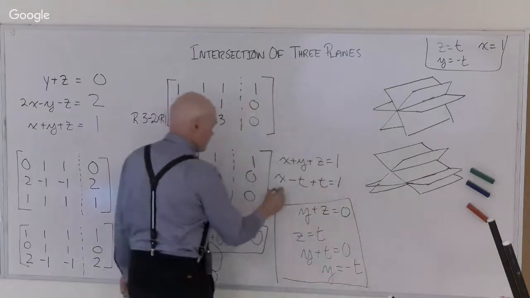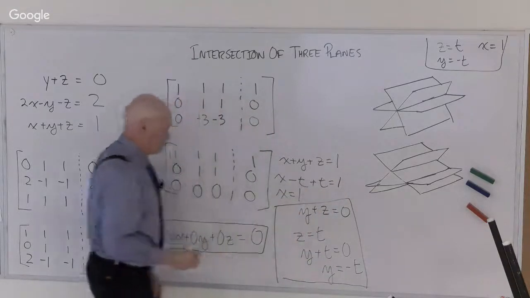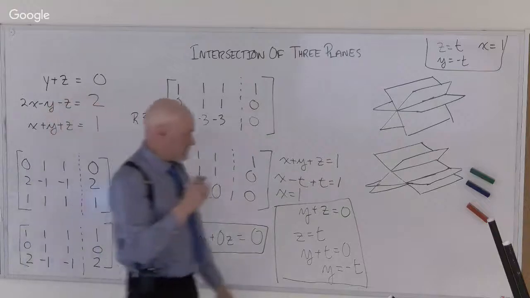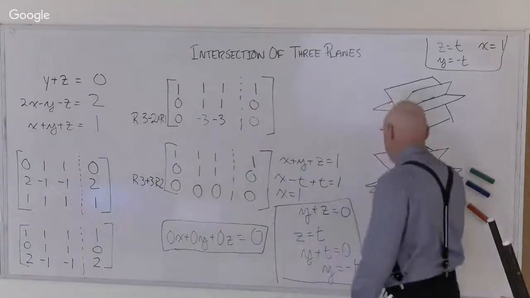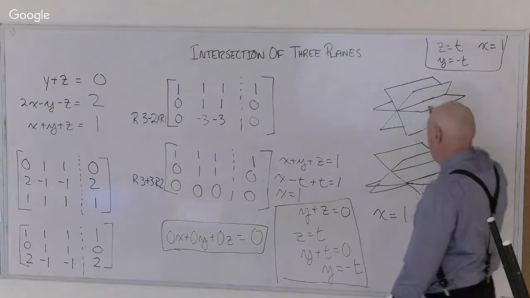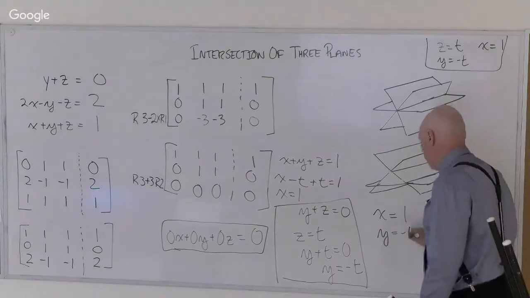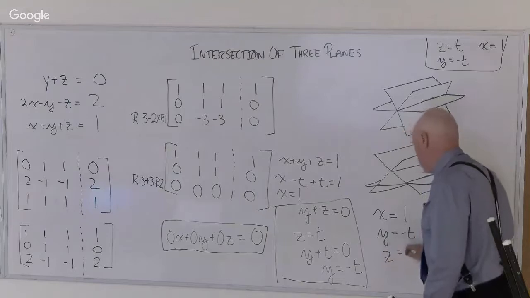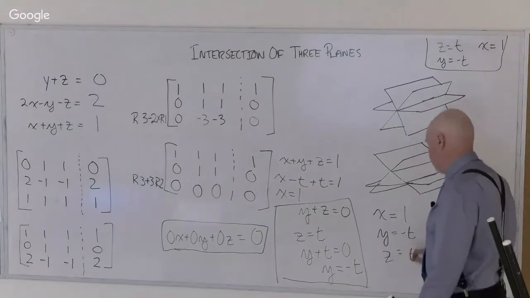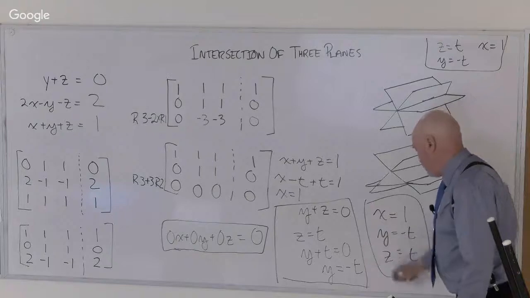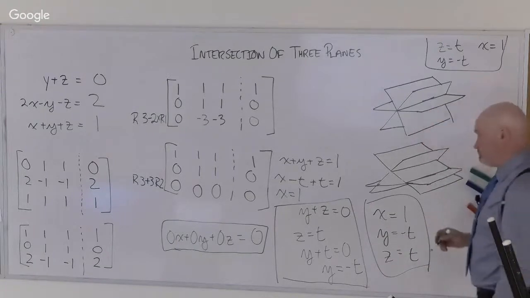That means that x is equal to 1. So there is my parametric solution of this line. x is 1, y is -t, and z is equal to t. So there's the parametric form of that line right there.